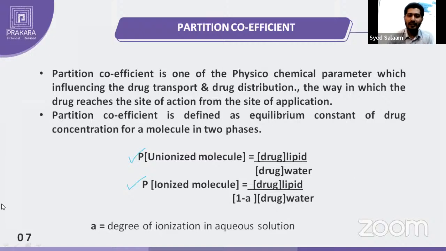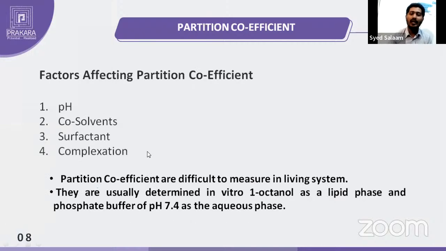So why is this partition coefficient needed? This partition coefficient will be giving us the lipophilicity. Lipophilicity can be obtained through this partition coefficient. The factors which affect the partition coefficient include the pH, which will affect the partition coefficient values, and co-solvents, as well as complexation.